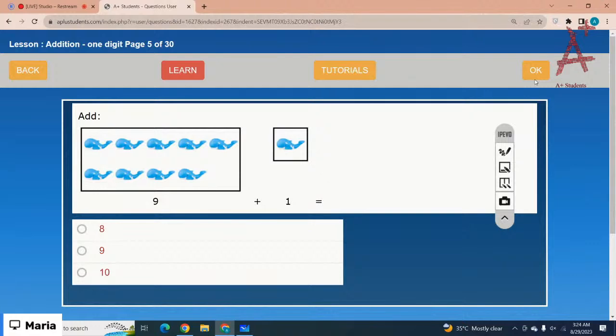Okay, the next one is add. You have 9 dolphins in a group and in the second one you have only 1. So 9 plus 1 makes, yes, 9 plus 1 makes 10. So the correct option is 10.